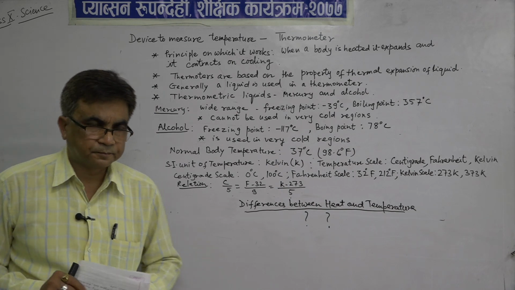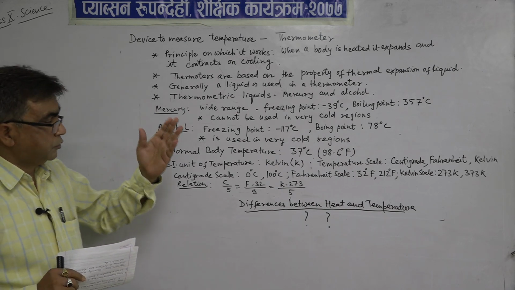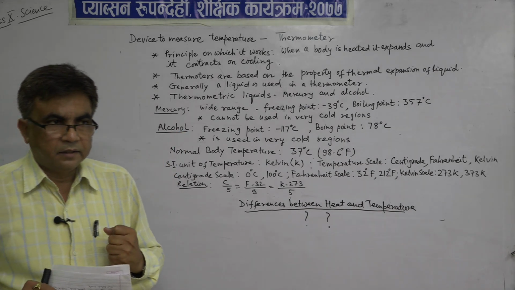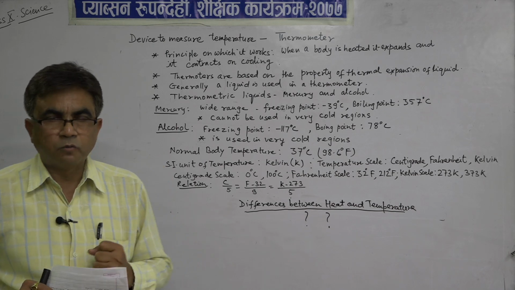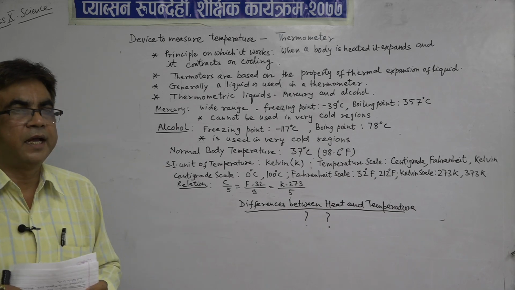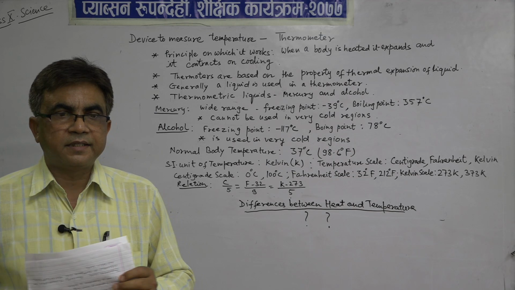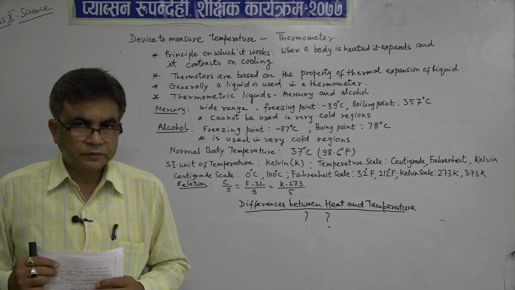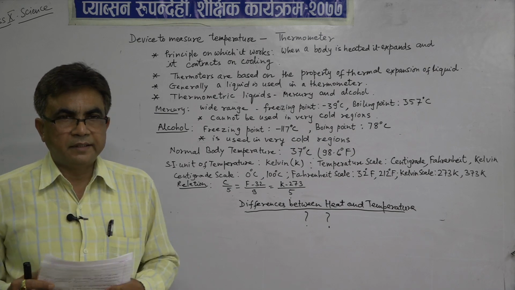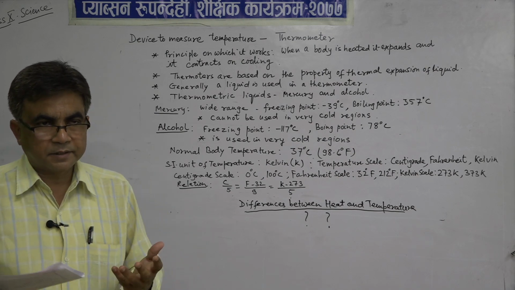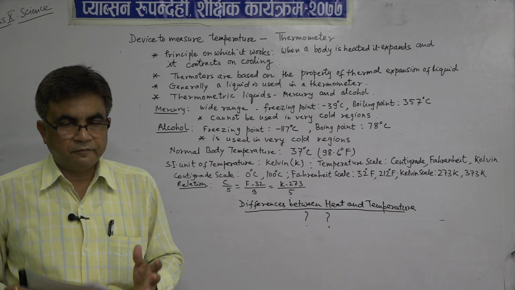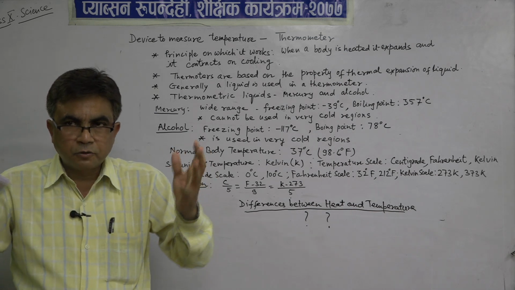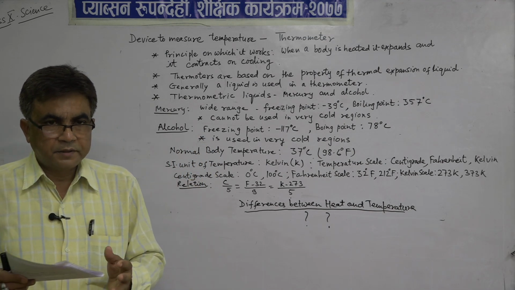Name the device which is used to measure the temperature of a body. The answer is thermometer. Now we have to think on which principle the thermometer works. We know that whenever a body is heated, its volume definitely increases, that means it expands. So the principle is that whenever a body is heated it expands, and whenever it is cooled it contracts.